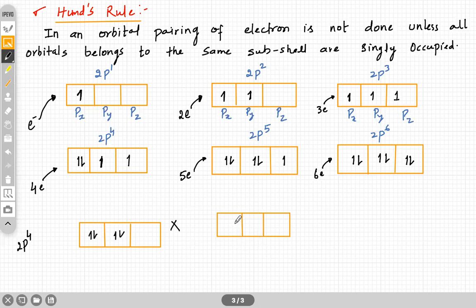So what happens first, all the orbitals take one electron like this, and then we start the pairing like this. This is Hund's rule. Read the statement: in an orbital, the pairing of electrons is not done unless all orbitals belonging to the same subshell are singly occupied. This is what the rule is. Correct? Fine.